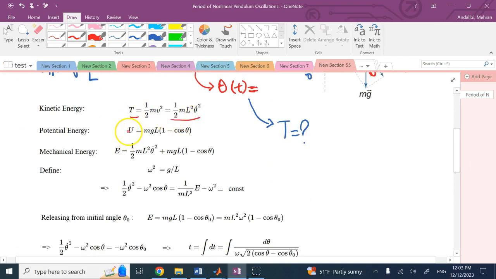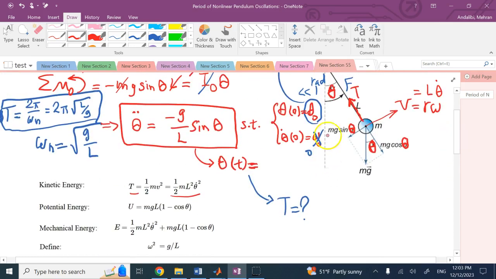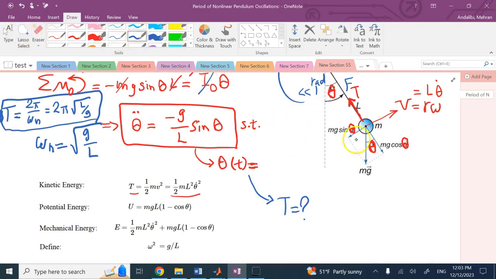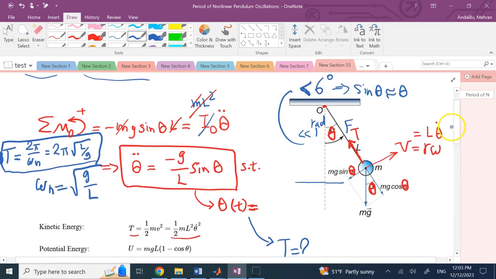That's the kinetic energy. For potential energy, you need the datum, and here for the datum we use the bottom point. So we consider the very bottom of the pendulum, where it goes at the bottom, and there we assume that potential energy equals 0. So in order to find it at angle theta, we need to find this vertical displacement.